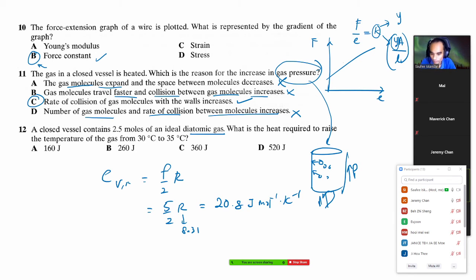So it says that Q equals n CVM times change of T, because it's constant volume.